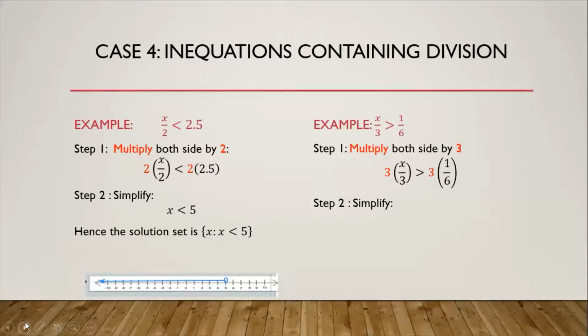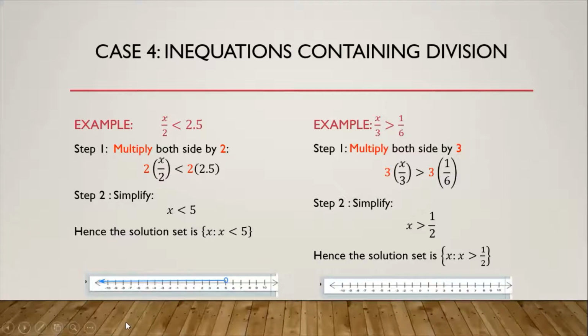And when you simplify, your solution would be x is greater than 1/2. And hence, your solution set is going to be the set of all x's such that x is greater than 1/2.